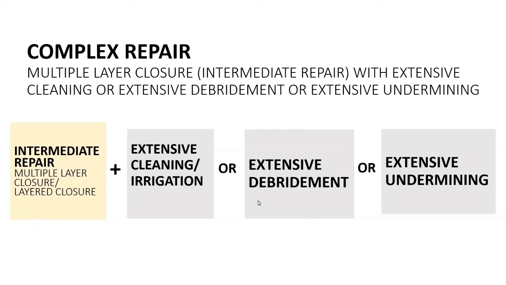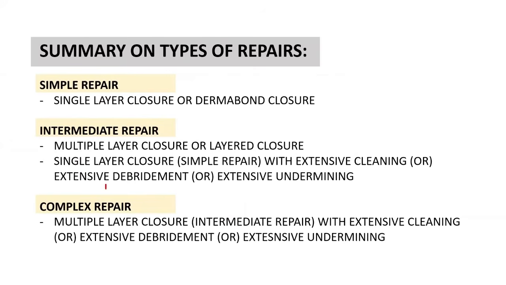By now, it may be clear for all of us that any type of repair with extensive cleaning or extensive debridement or extensive undermining leads to the next level of repair. And this is the summary on various types of repairs.